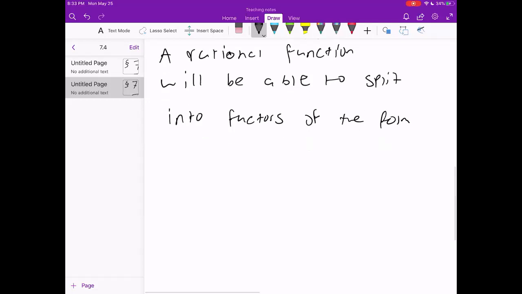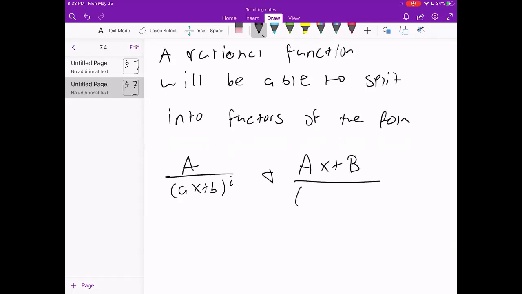We'll do plenty of examples with this, so if it's not sinking in because I'm using all these letters, that's fine.